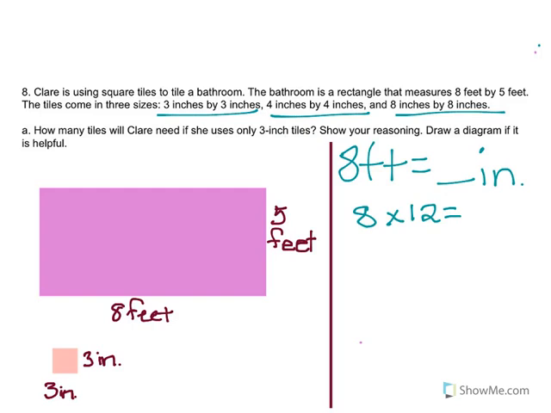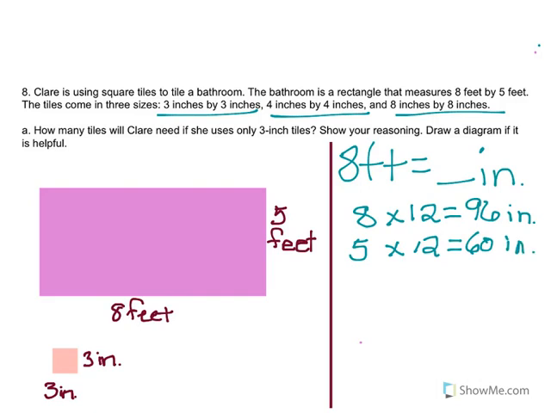What is 8 times 12? Say it again, Kate. 96. Oh, you know your 12s. 96 inches, right? I also have that 5 feet, so I have to do 5 times 12, which is how many inches? 60, yeah. 60 inches, good, Maya.